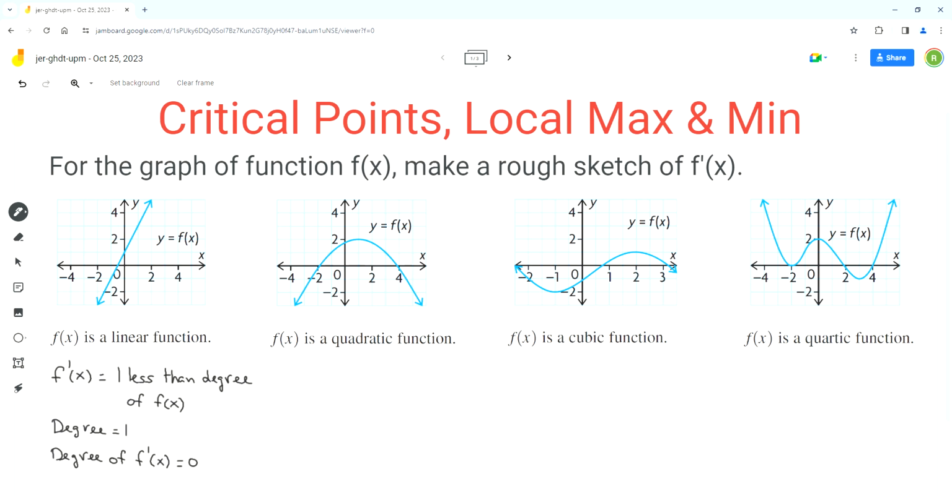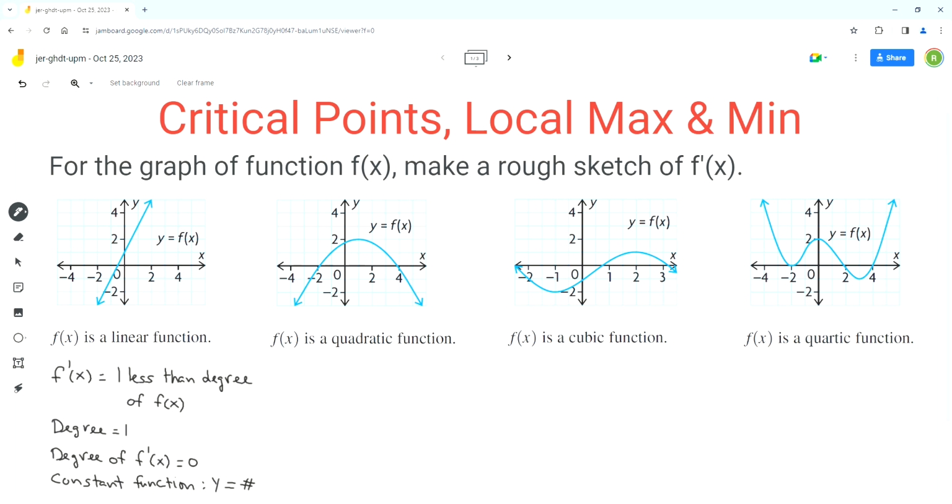A constant function is a function which is written as just y equals a number. So f prime of x is a constant function, which is written as y equals a number.